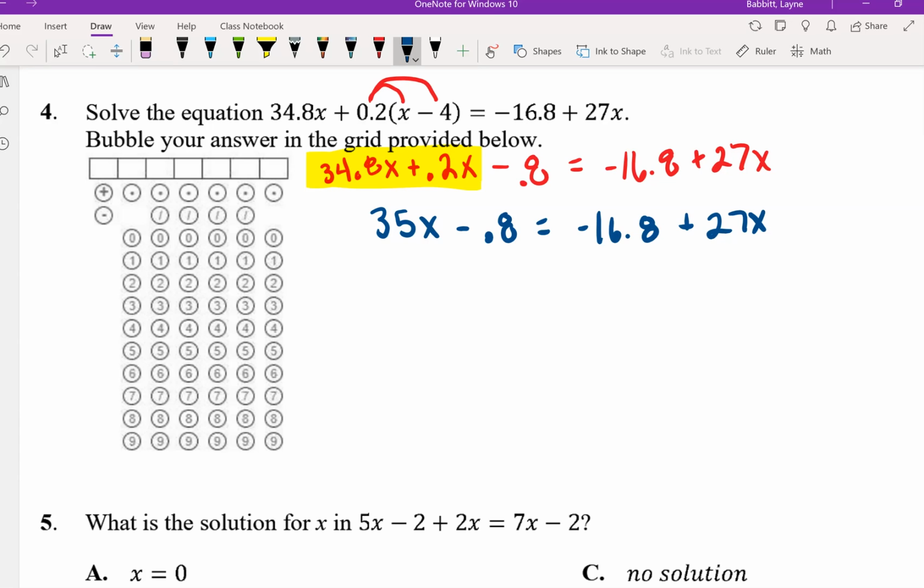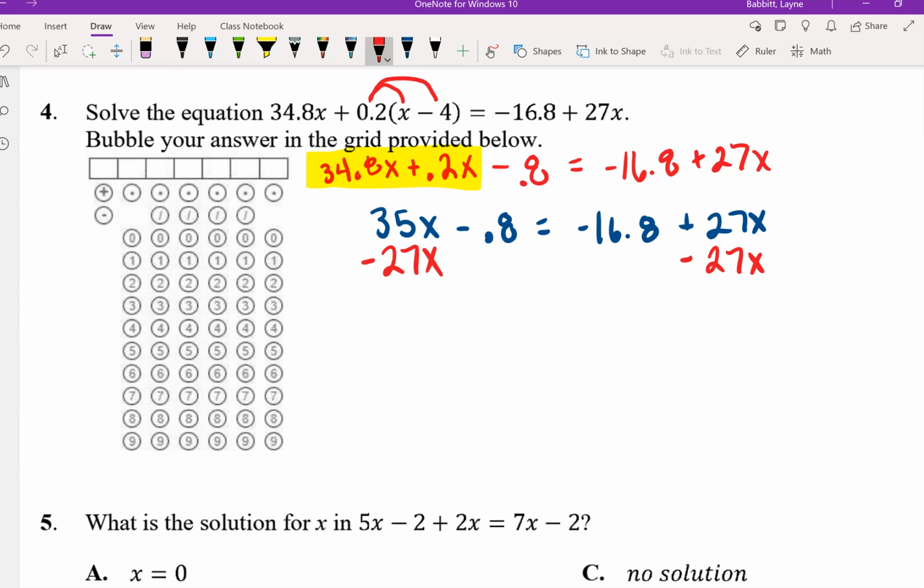So the next thing I need to do is get the x's together on one side. I'm going to move this one since it's smaller. The way to move something to the other side is to do the opposite of what it was. So this was plus 27, I want to do minus 27x. Whatever we do on the left, we also have to do on the right. And I'm putting it under the 35 since those are like terms.